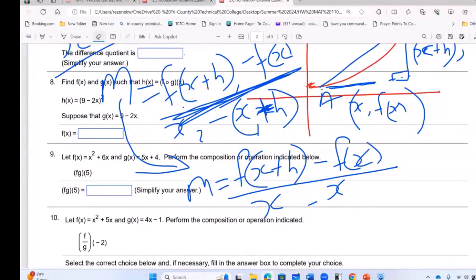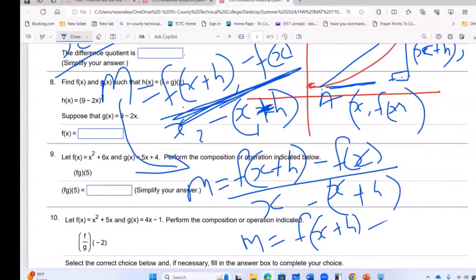All right, so this one is x plus h. And if I open the parentheses in the denominator, x will cancel with x. So I will end up with the slope of the second line equal to f of x plus h.